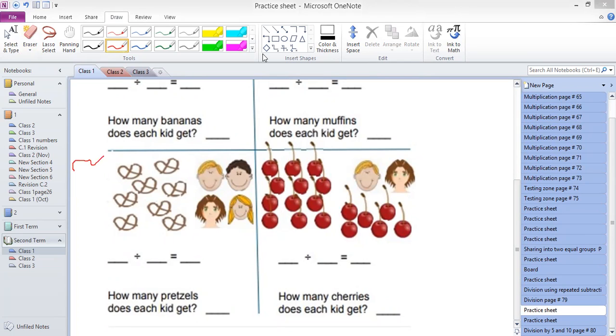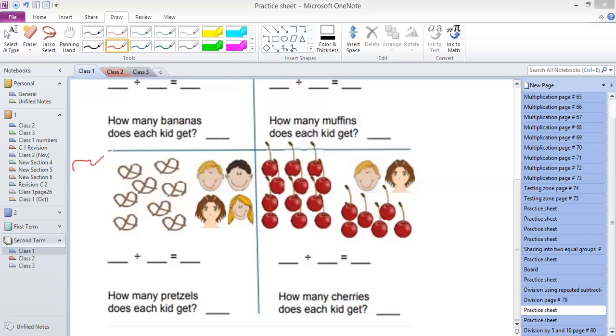Yes, sir. Yes, Ahmad, can you divide these pretzels into 4 kits? Tell me, count first, how many pretzels are there total? 1, 2, 3, 4, 5, 6, 7, 8.